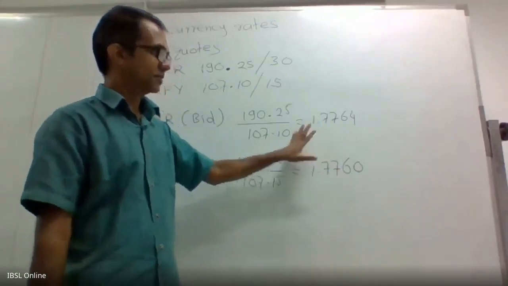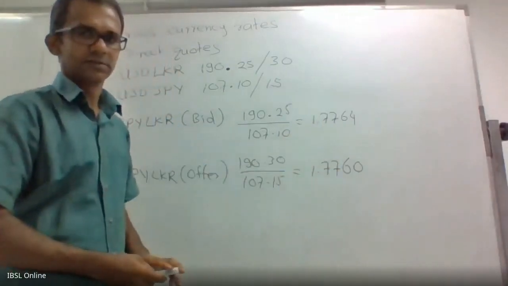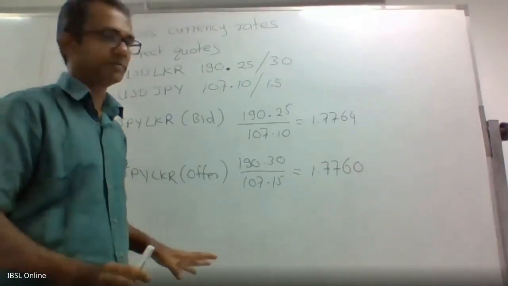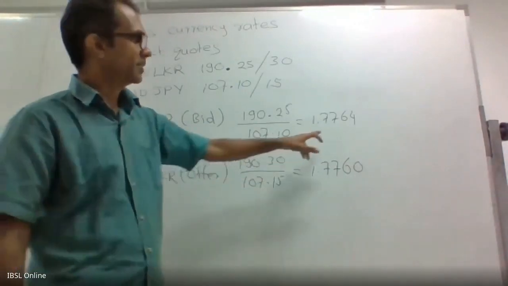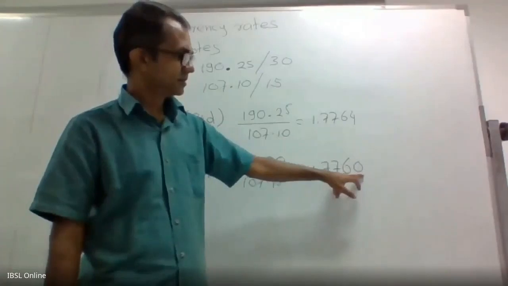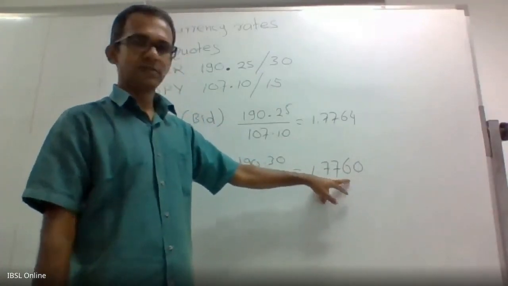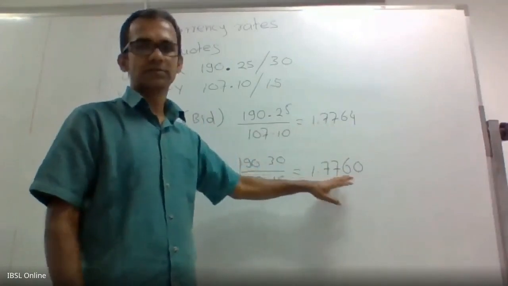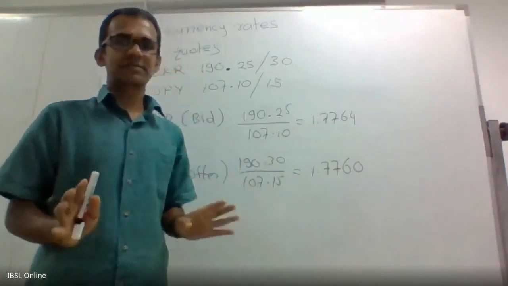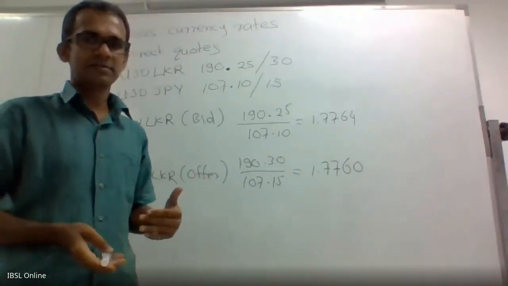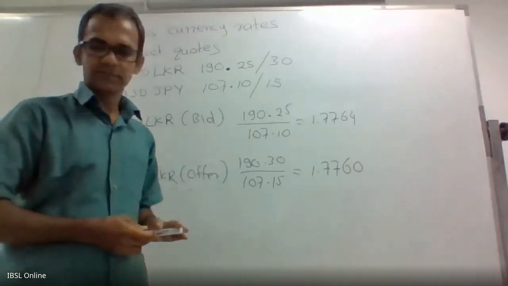What do you think about this answer? Something is wrong. By now you should identify that. Why? Your bid rate is higher than the offer rate. If you are a market maker, you buy high and sell low. It cannot happen. You should buy low and sell high.